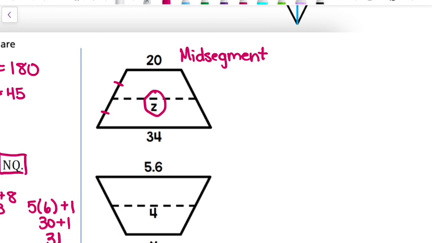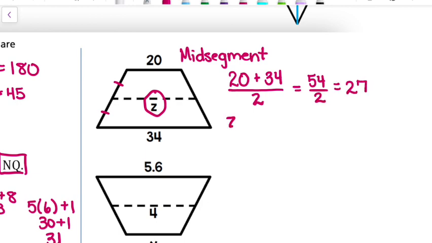So remember, average is found by adding the two numbers, so the short side and the long side, and dividing by how many of those numbers there are. So in this case, there's just two numbers. So 54 divided by 2 is 27. So I know that Z must equal 27.